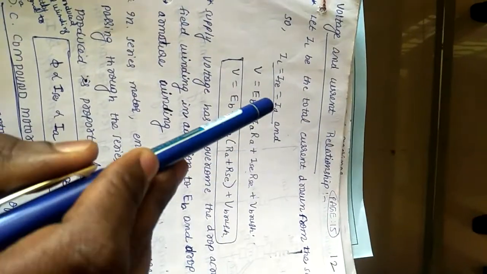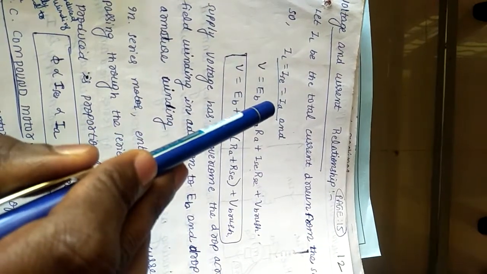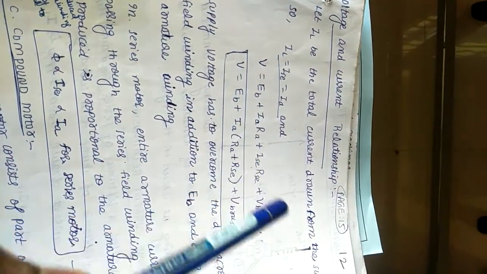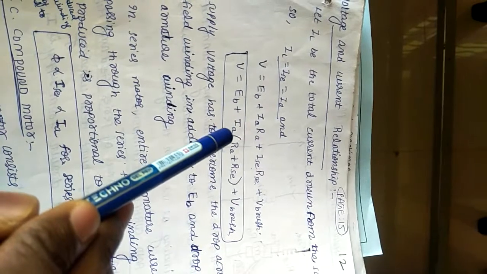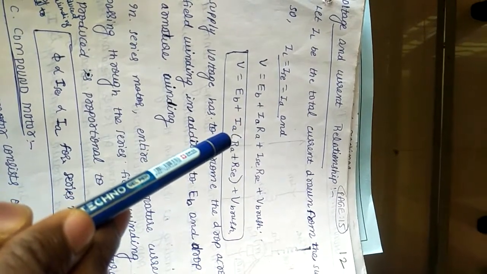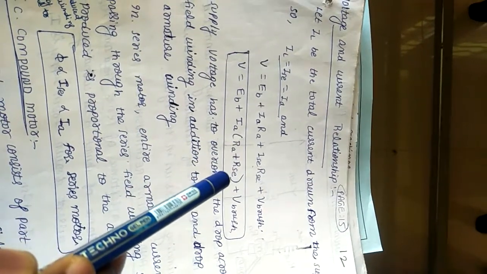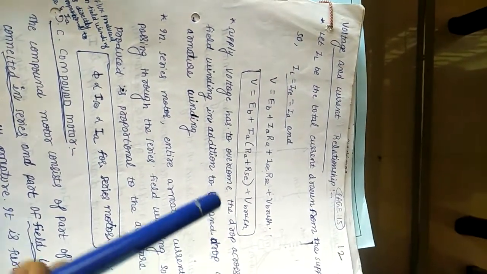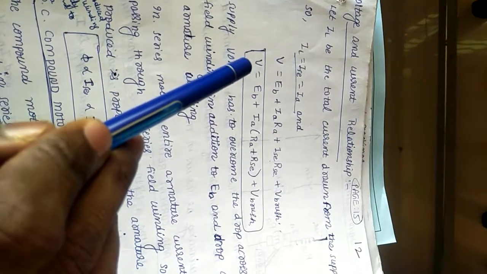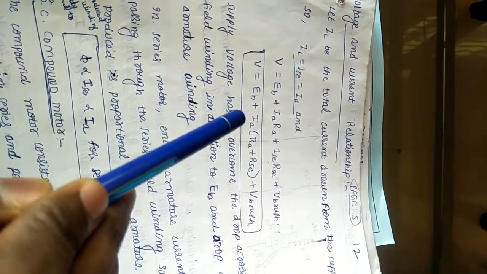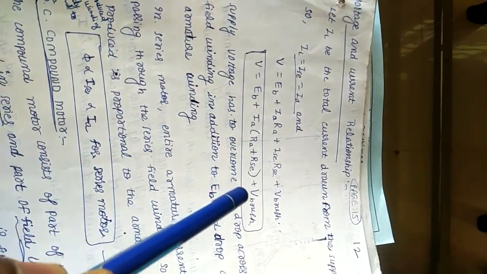As you know from the above equation, ISC equals IA. So in the place of ISC I have written IA here. You take IA as a common factor. So you are left with RA plus RSC. Therefore the final expression for the supply voltage equals EB plus IA into RA plus RSC plus V brush.